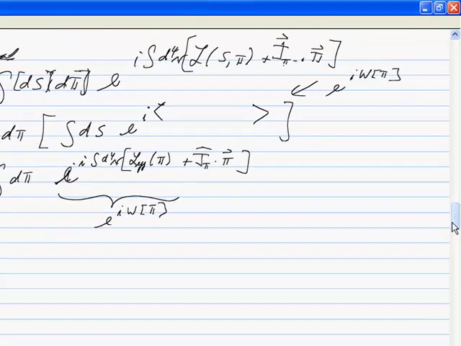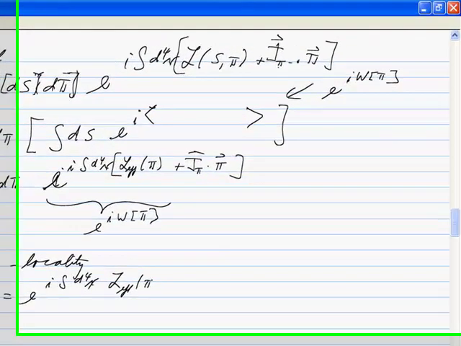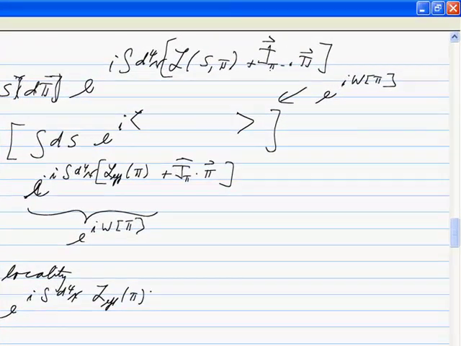The only subtle point is this locality. So we have e to the i W of pi from that path integral, and we write that as e to the i integral d^4x of some effective Lagrangian. That step requires that this be local.